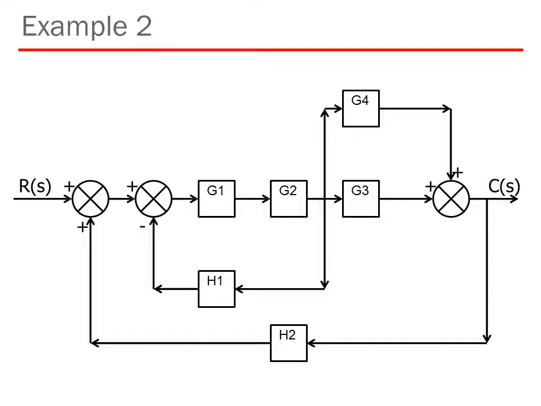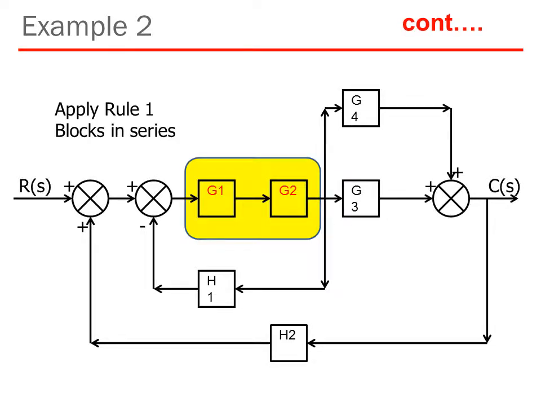Solve example number 1 again in your book so that you will get the steps. Then the next is the second example. Now observe which can be eliminated first. Recall the rules. Apply rule 1 for the blocks in series, that is for G1 and G2.